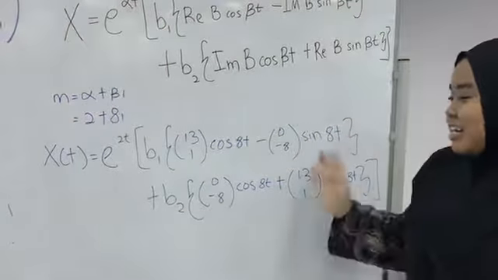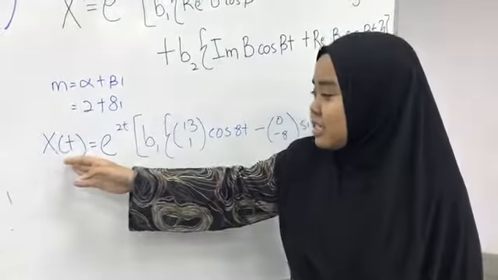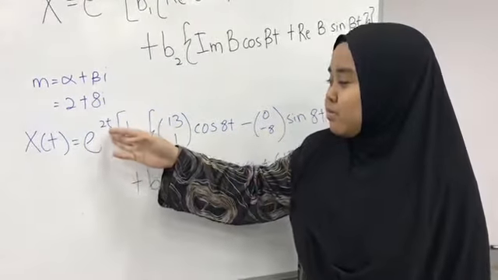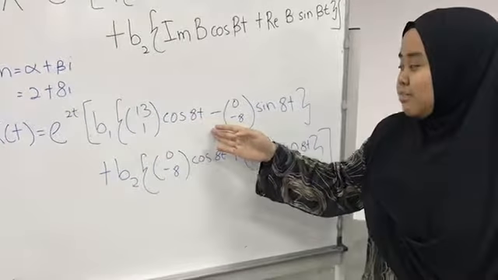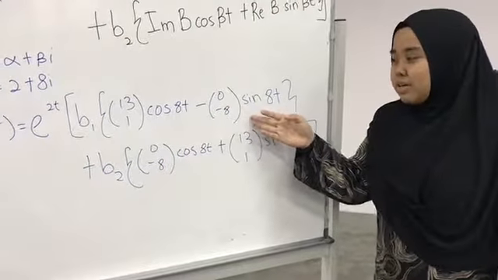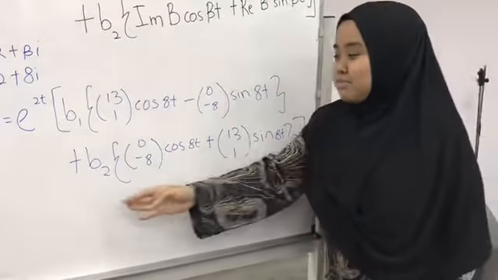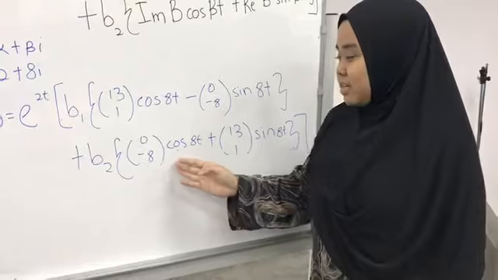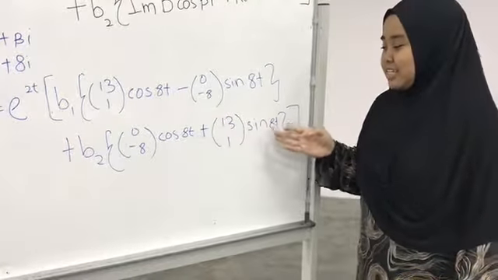Okay, I substitute it. X(t) equal to e to the power of 2t, bracket b1 (13, 1) cos 8t minus (0, negative 8) sin 8t curly bracket plus b2 (0, negative 8) cos 8t plus (13, 1) sin 8t.